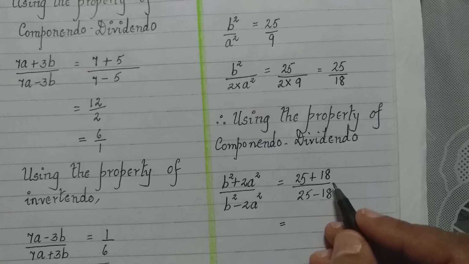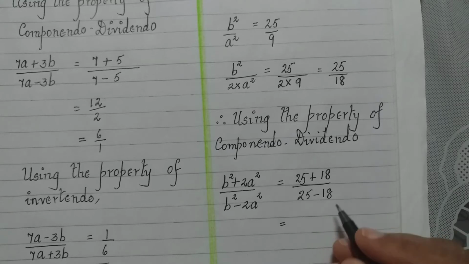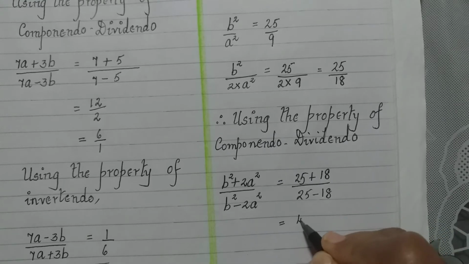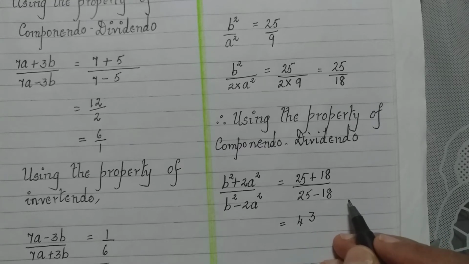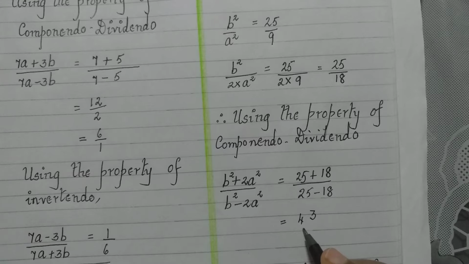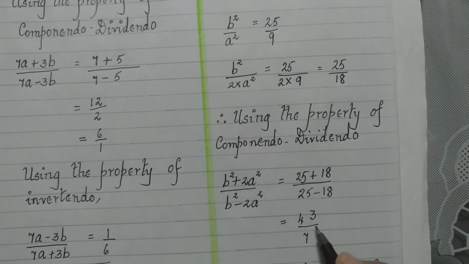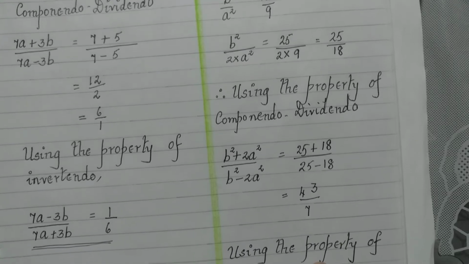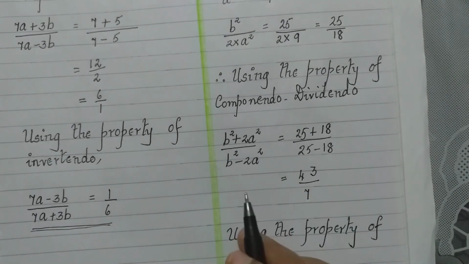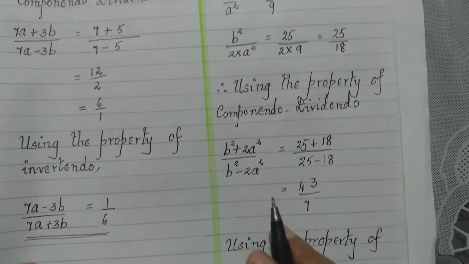Now what is 25 plus 18? That is 43. What is 25 minus 18? That will be 7. So we have 43 upon 7. Now this is B square plus 2A square upon B square minus 2A square.